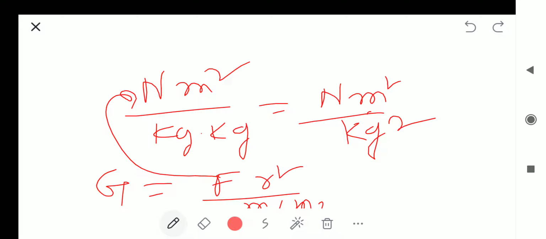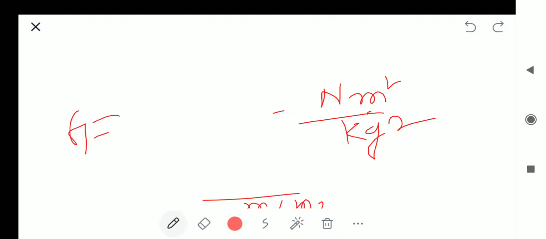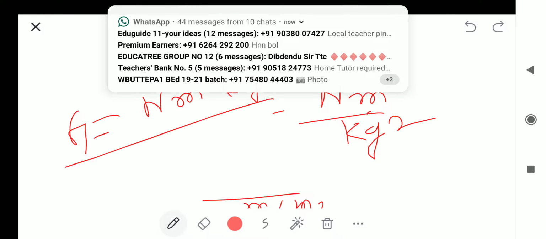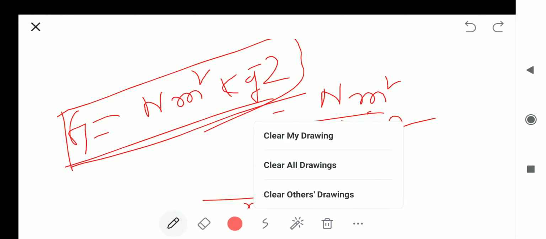So the final unit of G is Newton meter square kg to the power minus 2. This is the unit of G. What is the value of G?